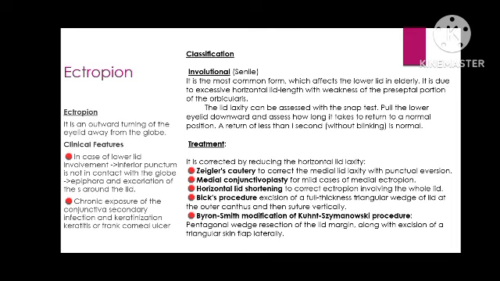Horizontal lid shortening to correct the ectropion involving the whole lid, and the Bick procedure is excising a full thickness triangle, a wedge of lid at the outer canthus, and the sutures are vertical. And the Byron Smith modification is another type: a wedge resection of the lid margin along with the excision of the triangular skin flap laterally.